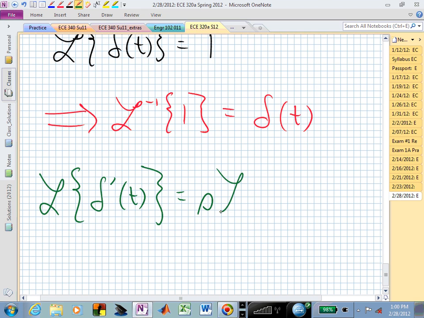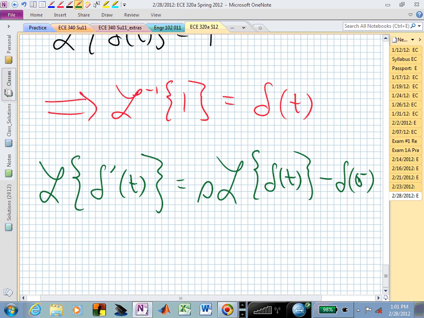It's s times the Laplace transform of the waveform that's not been differentiated, which in this case is the impulse, minus the function that's not been differentiated, evaluated at, and now you need to make sure that minus is on your 0, delta of 0 minus. That's just the definition of our Laplace transform of a derivative.